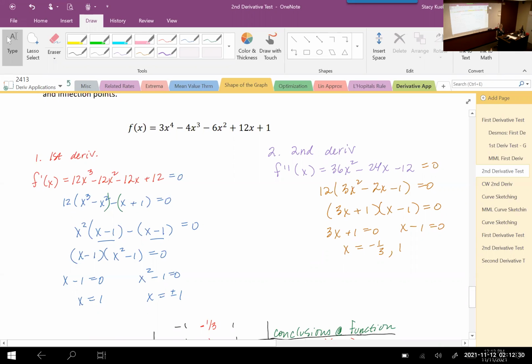I also know where the function is increasing, where it is decreasing. I know where the max and the mins are. I know where the function is concave up, concave down, and I also know where the inflection points are. So we can start to sketch a graph based on that information. That's what the curve sketching will be about Monday.